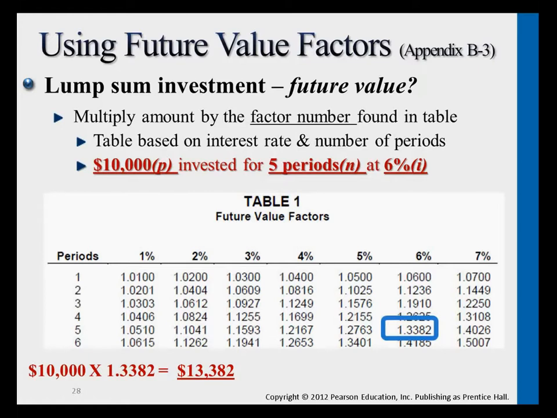Check this out. With this number, 1.3382, what is this number? That's your 1 multiplied by 1.06 five times. So how can this be any different?